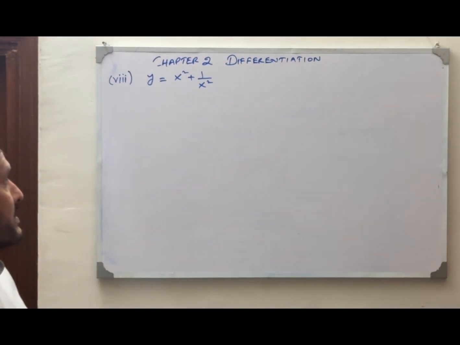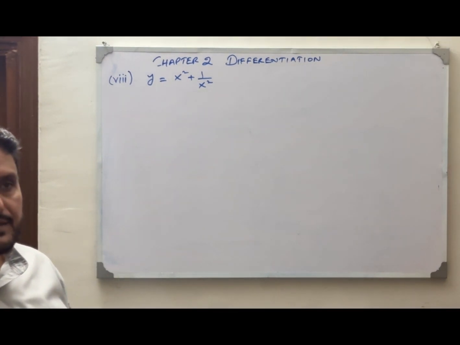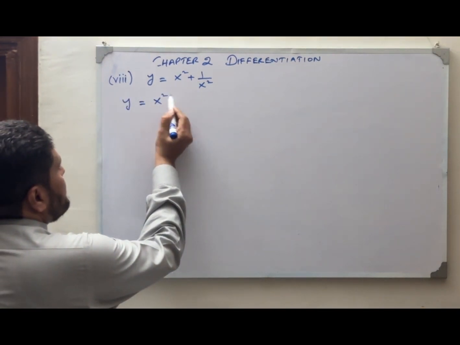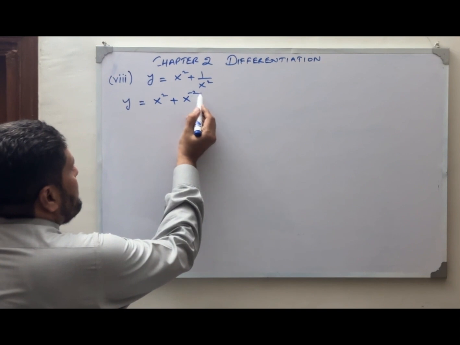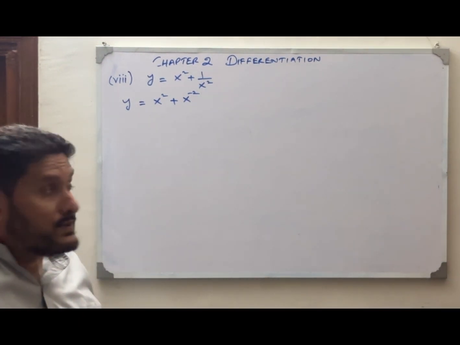Okay, so part 8, we have the given function y is equal to x square plus 1 by x square. We can write it in this way as well, y is equal to x square plus x power minus 2, since 1 over x square we can write as x power minus 2.